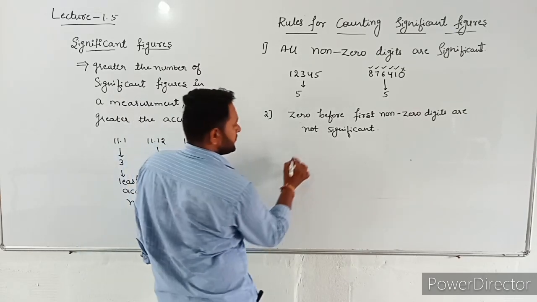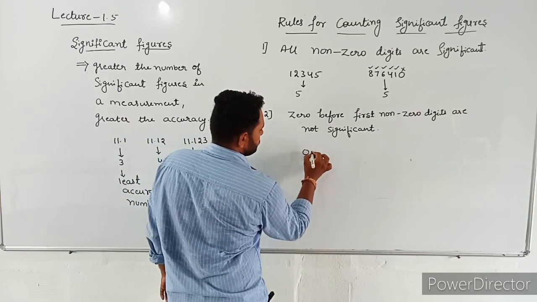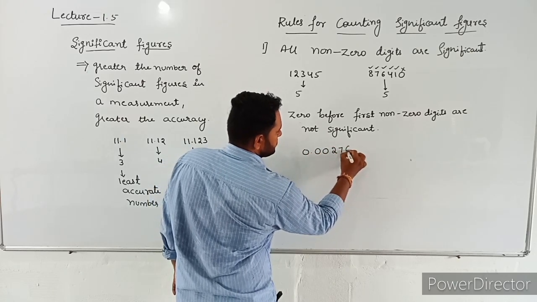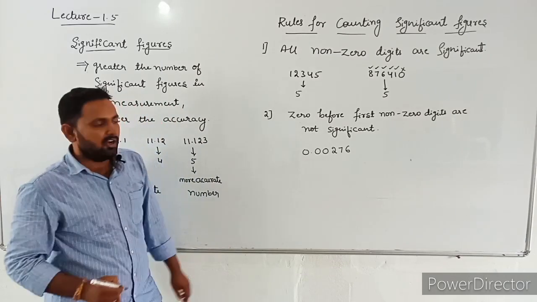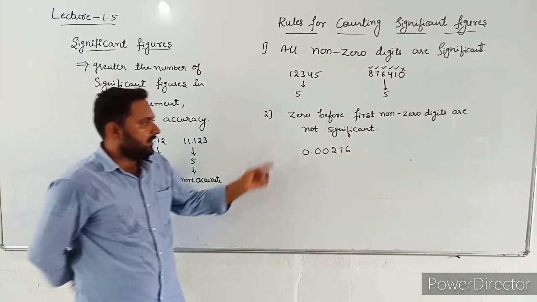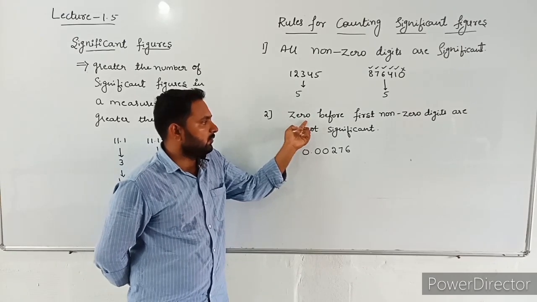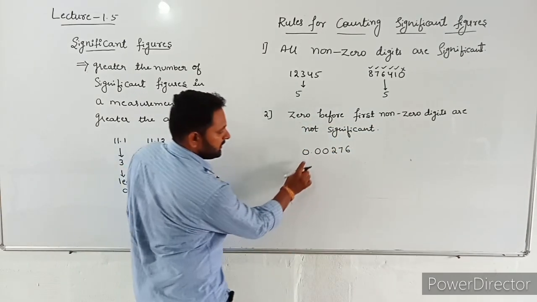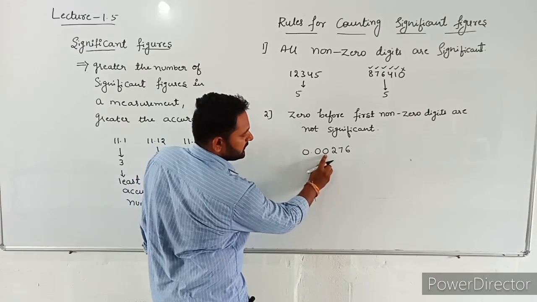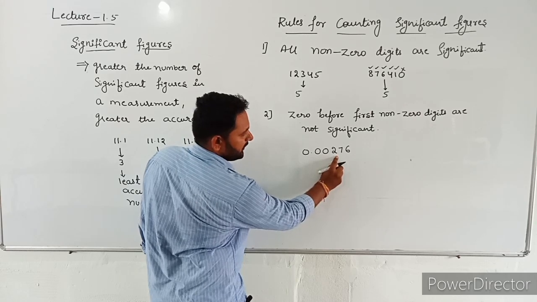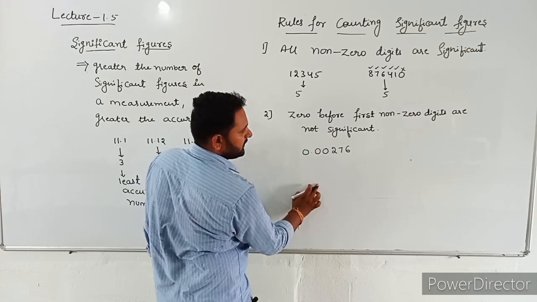Let us check one example. 0.00276. Now tell me how many significant figures are present in this number. According to the second rule, zeros before the first non-zero digit. See here, it is 0, it is 0, it is 0. This is the first non-zero digit in this number, right?